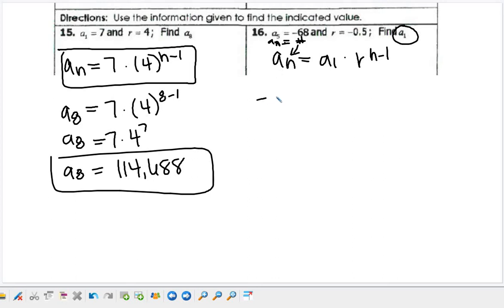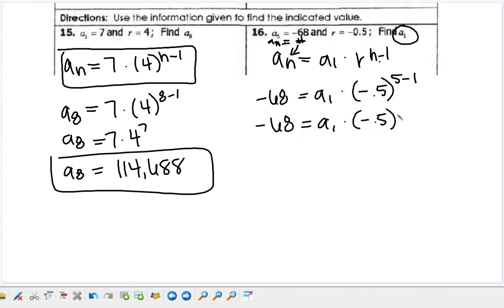So a sub n is negative 68, which is equal to a sub 1 times my common ratio, negative 0.5. My n, if I'm using this number, is 5 minus 1. So negative 68 equals a sub 1 times negative 0.5 to the 4th.